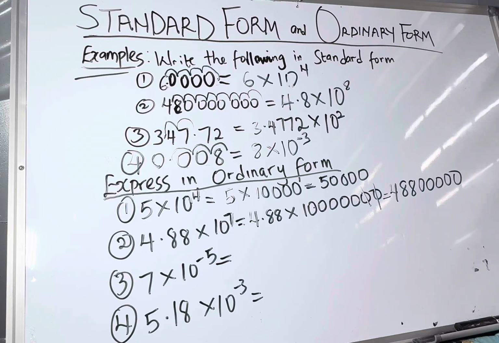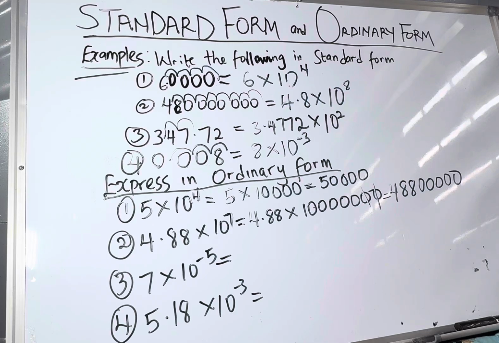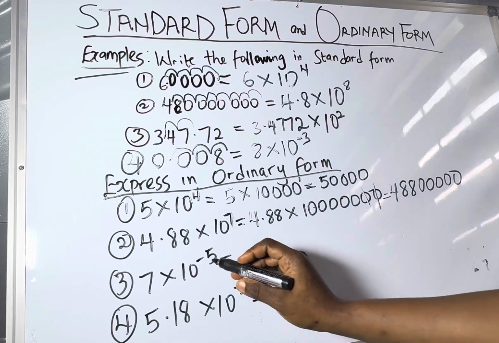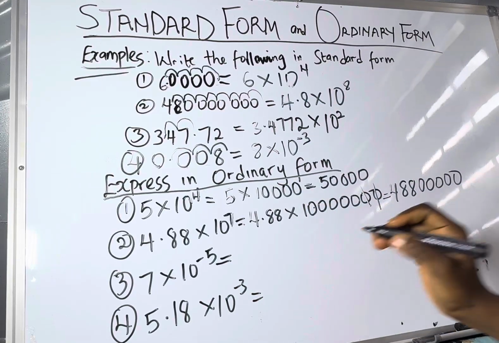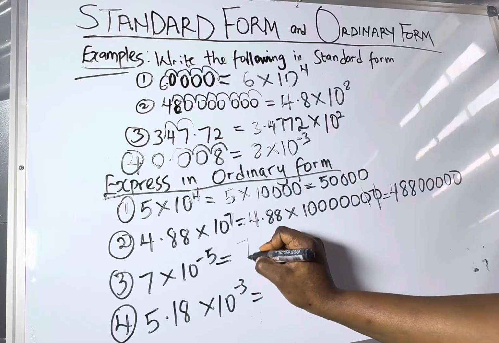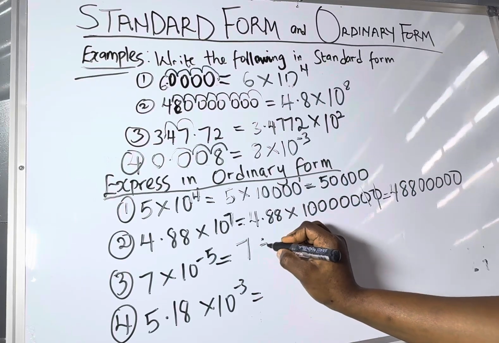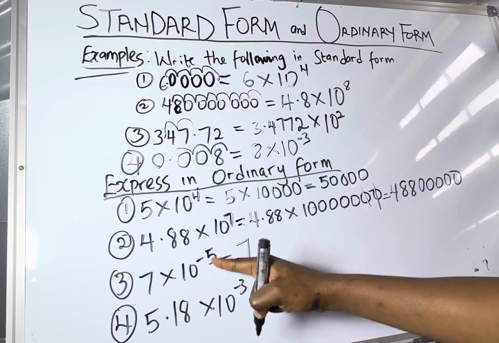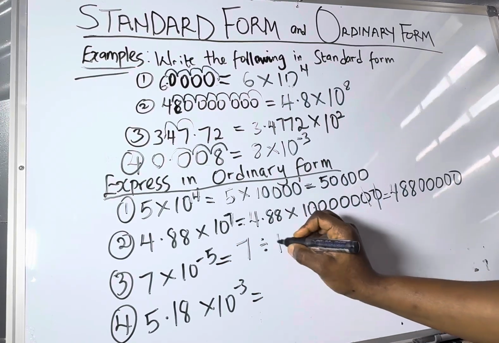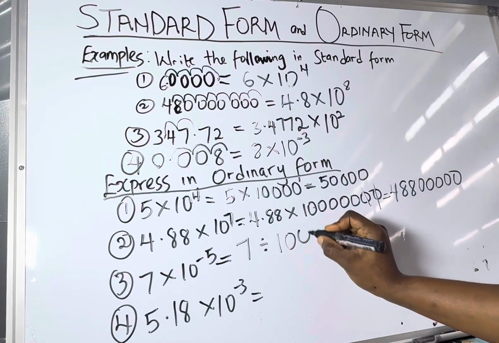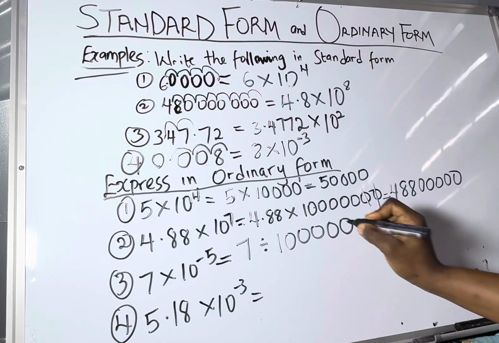Example 3. Example 3 says 7 multiplied by 10 raised to power of negative 5. Now, this negative power simply means division, which could be written as 7 divided by 10 raised to power of negative 5, that's 1, then 5 zeros, 1, 2, 3, 4, 5.